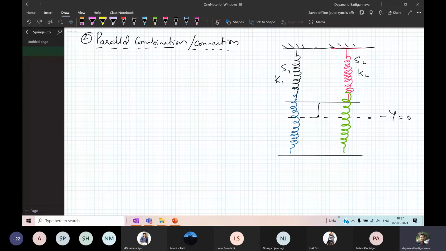This is the elongation of the springs. It gets elongated up to this point.